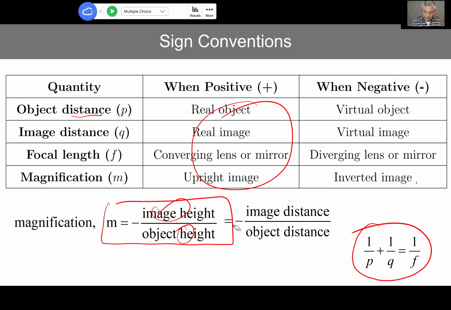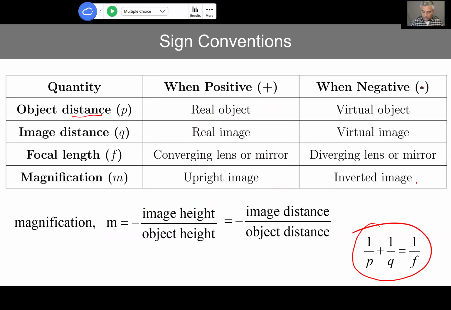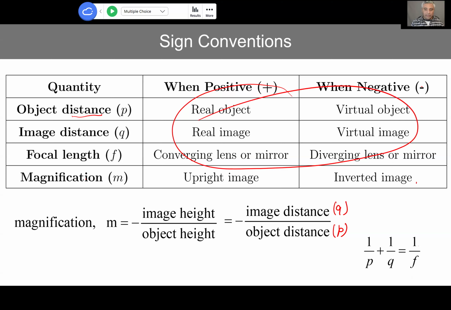But if we don't know that, then we can use image distance over object distance, so that means it is Q over P. This formula is going to give you the correct result only if you use these signs correctly. If not, then you may not get a good result.